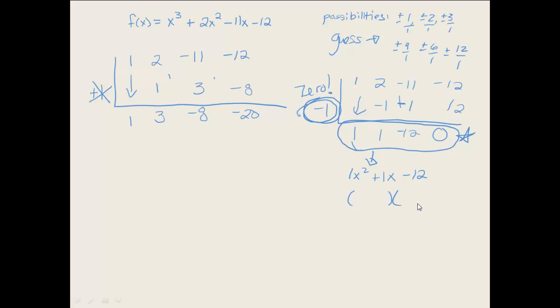I'm going to go ahead and just factor this. The minus sign tells me that my signs are different, and my factors of 12 are 1 and 12, 2 and 6, 3 and 4. It's going to turn out to be plus 4 minus 3. So now, to turn my factors into zeros, I set each one equal to 0, and I solve.